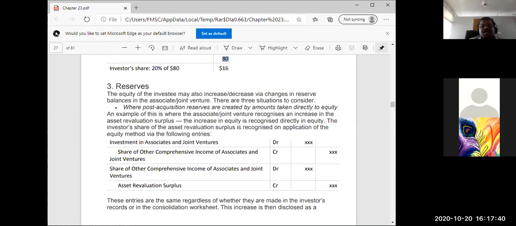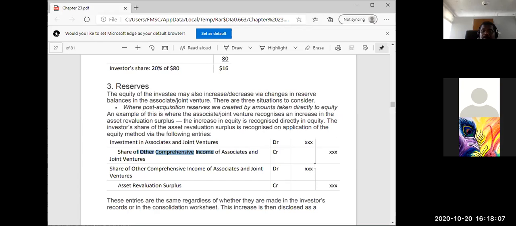When there is an asset revaluation surplus, you increase the investment in associate by debiting it, and you credit other comprehensive income, OCI. That is just to disclose in the other comprehensive income, you put this entry.